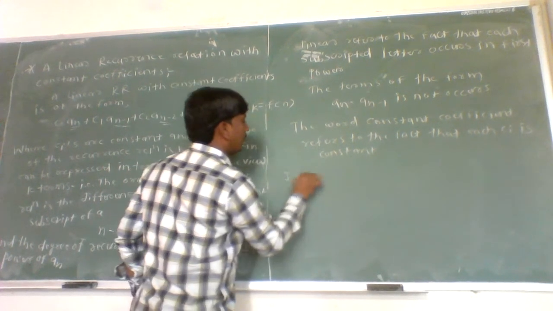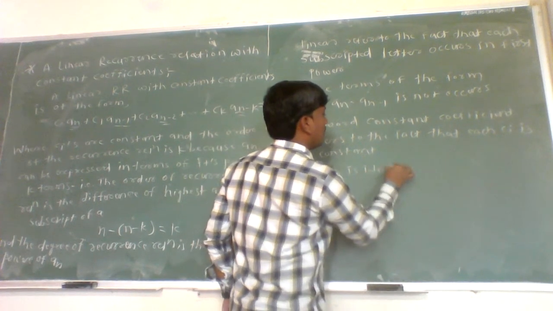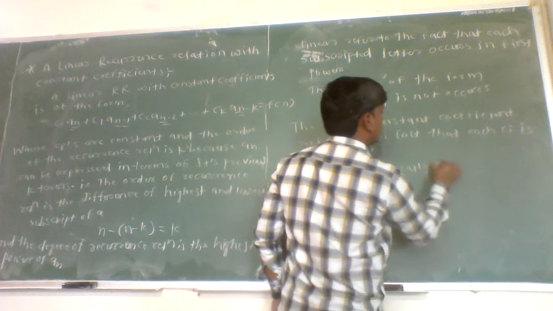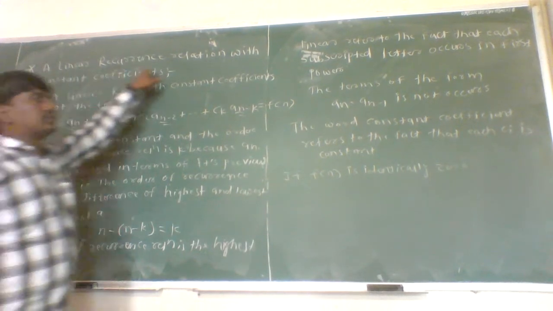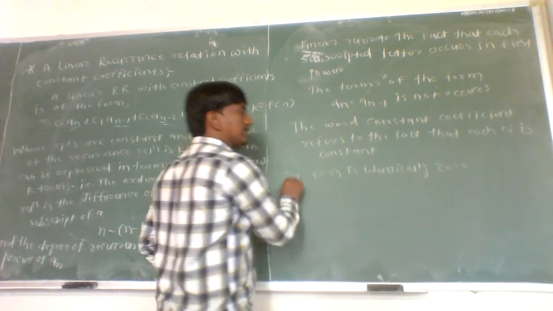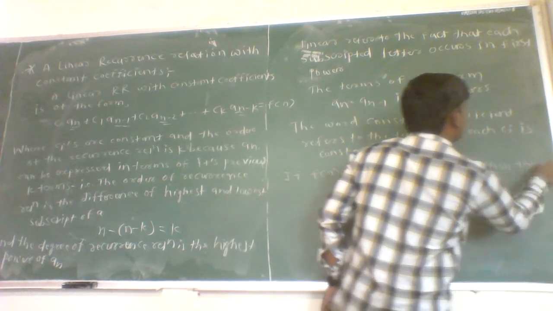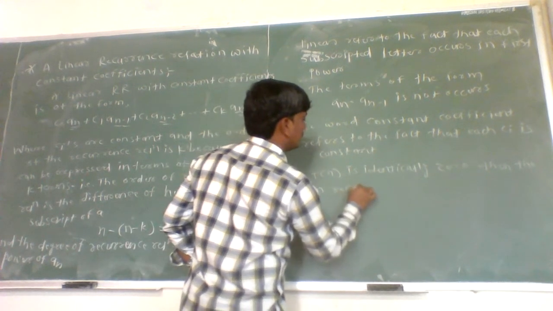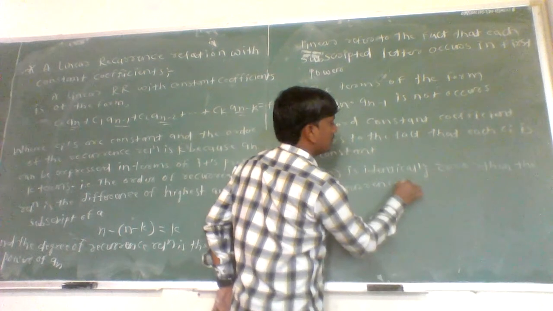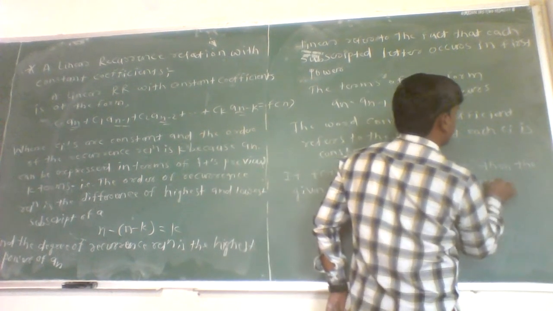if f(n) is identically zero, then the given recurrence relation is called a linear homogeneous recurrence relation with constant coefficient. That is, if f(n) is identically 0, then the given recurrence relation is homogeneous.